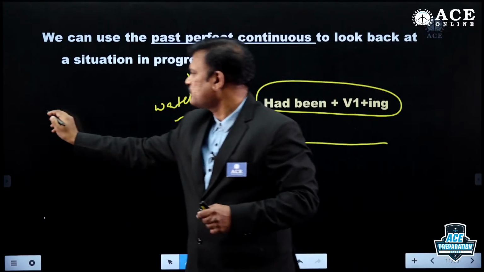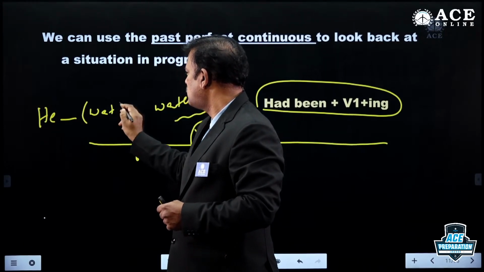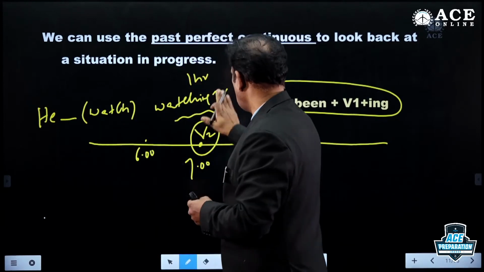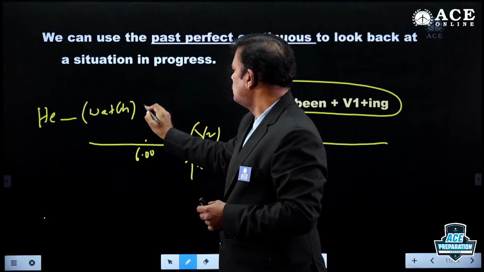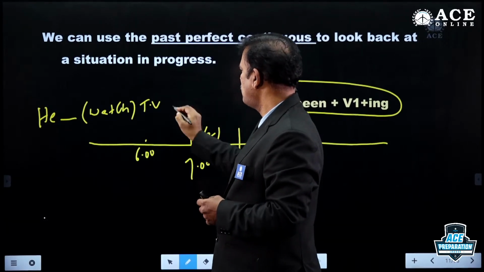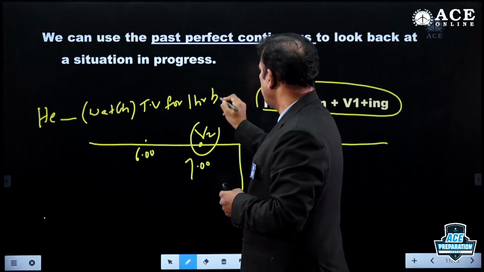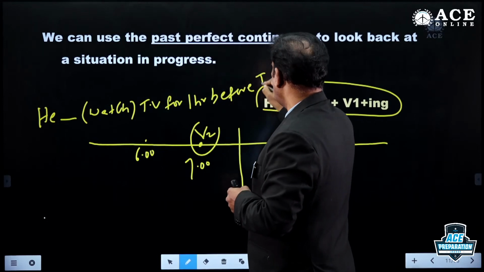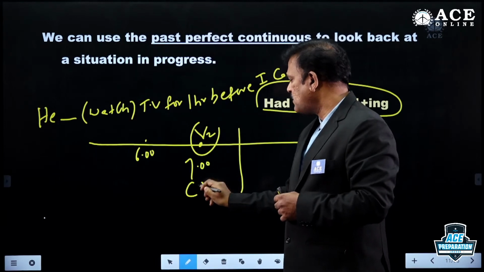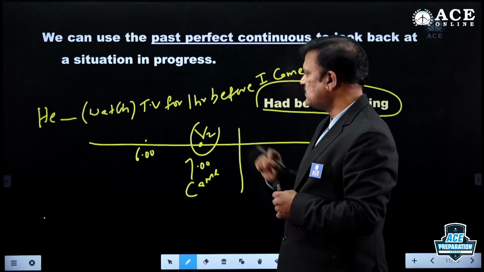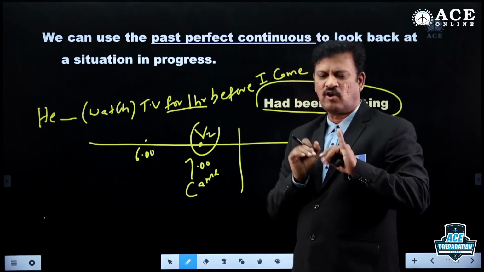Okay, and here I am talking about 1 hour. Look at this sentence. He watch TV for 1 hour before I came. Came is here. Already he has given that. I have located that. Because I have this for 1 hour, now I got options.